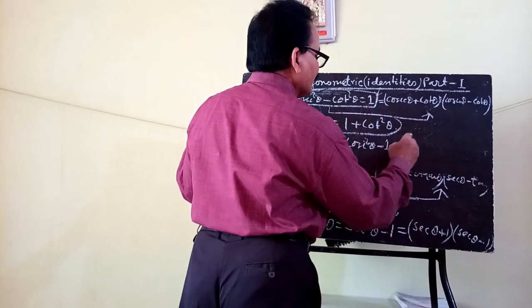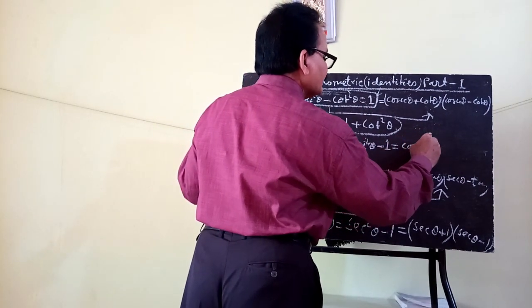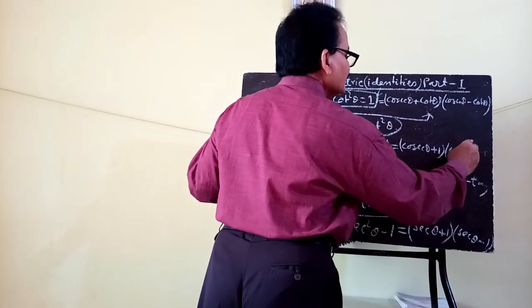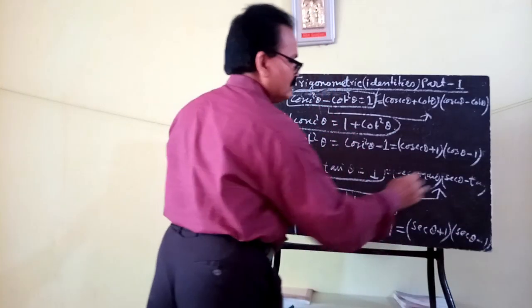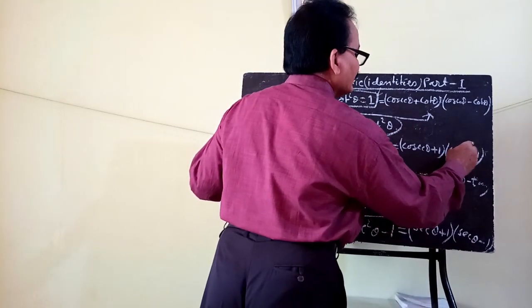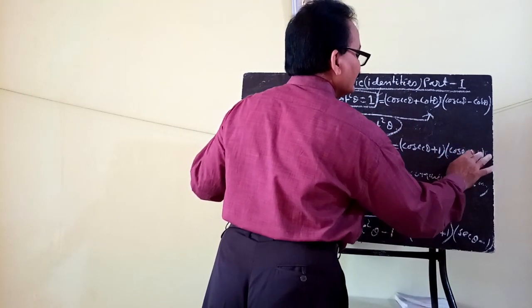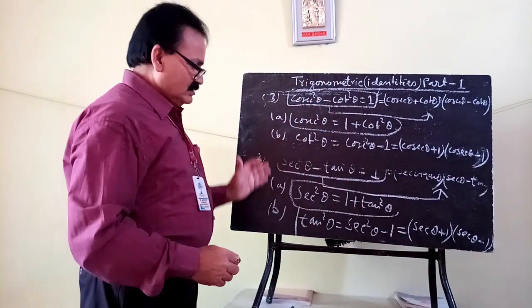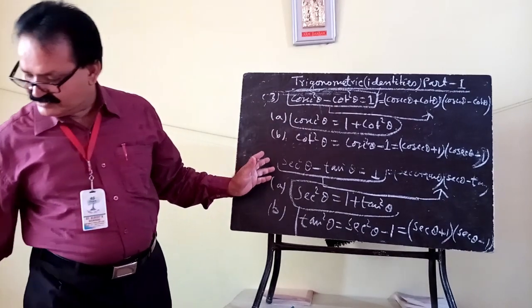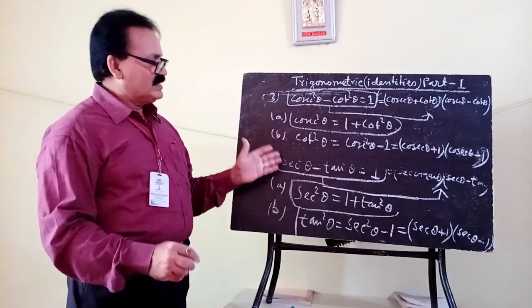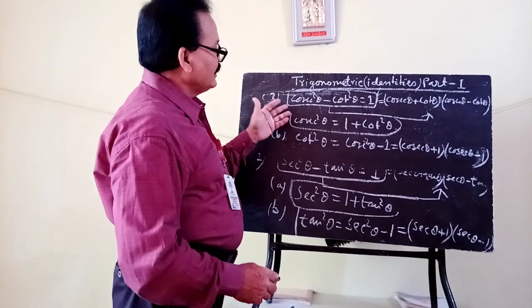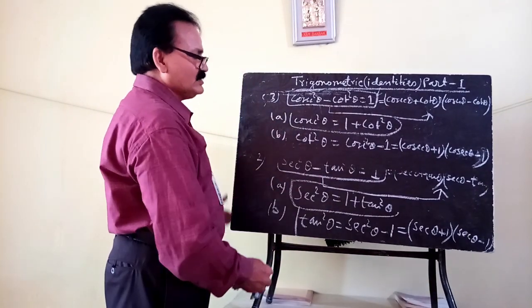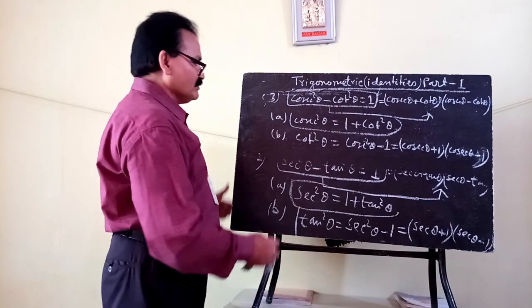Again you can factorize it as cosec theta plus 1 and cosec theta minus 1. So these are the various uses of your identities. These are the modifications you can do while solving problems.